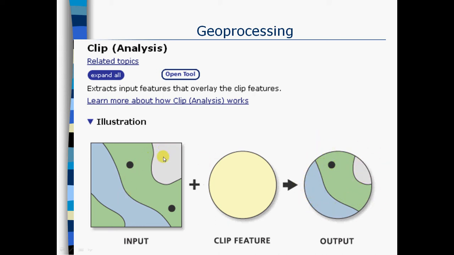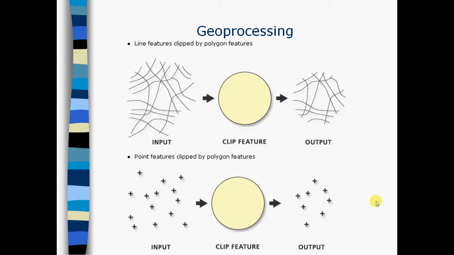And it includes all of the features from the input data set, and they're reduced in size. Clipping is very reduced in extent. Clipping is a very common operation.